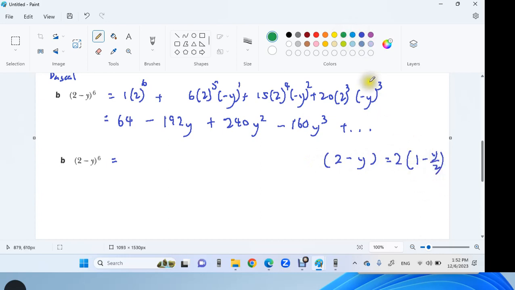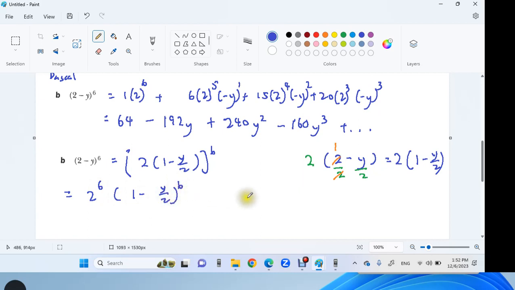Then some students will ask, teacher, why do you factorize 2, and it becomes something like this? It is because when you factorize 2, that means you divide 2 here and divide 2 here. Divide everything inside with 2. So this one will become 1 minus y over 2. So this will become 2 times (1 minus y over 2), then the whole thing to the power 6. So this will become 2 to the power 6 times (1 minus y over 2) to the power 6.